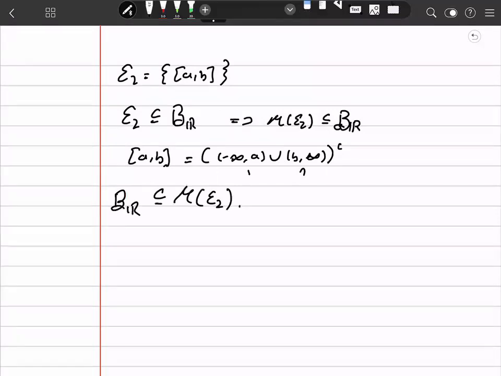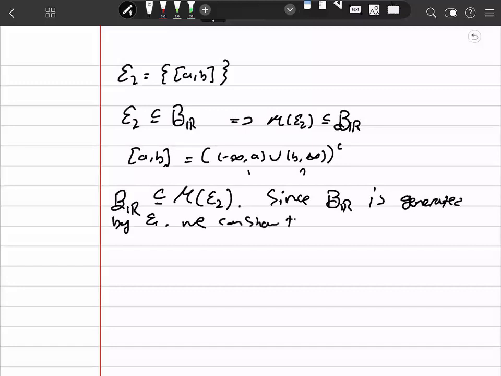From our previous work, since the Borel sigma algebra on R is generated by E1, we can show that E1 is contained within the sigma algebra generated by E2. This is quite simple to note.